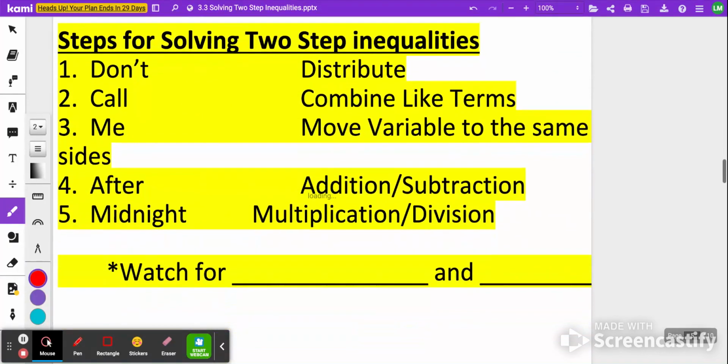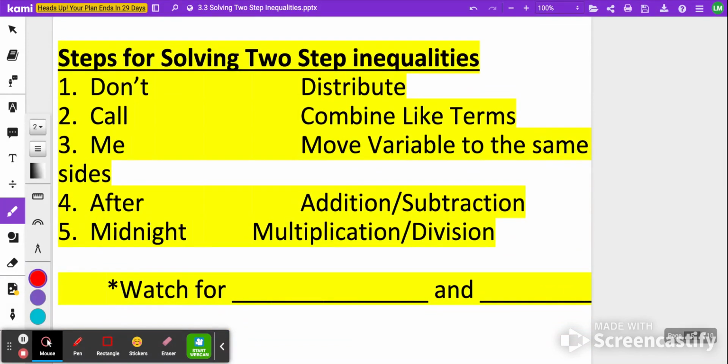Things we want to make sure we are understanding, and my formatting varied slightly here when I originally made this slide, but we're still going to use the steps "Don't Call Me After Midnight," making sure we're trying to move that variable first after combining like terms and distributing.